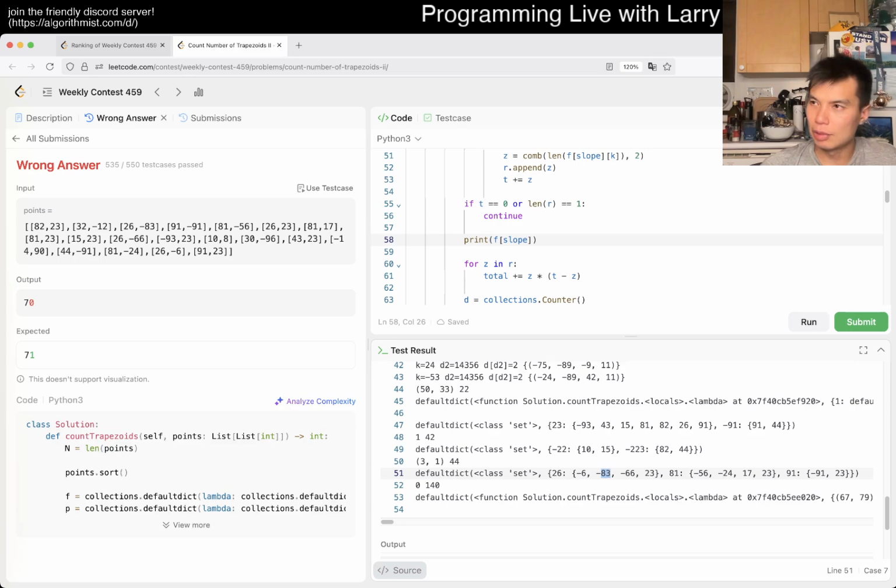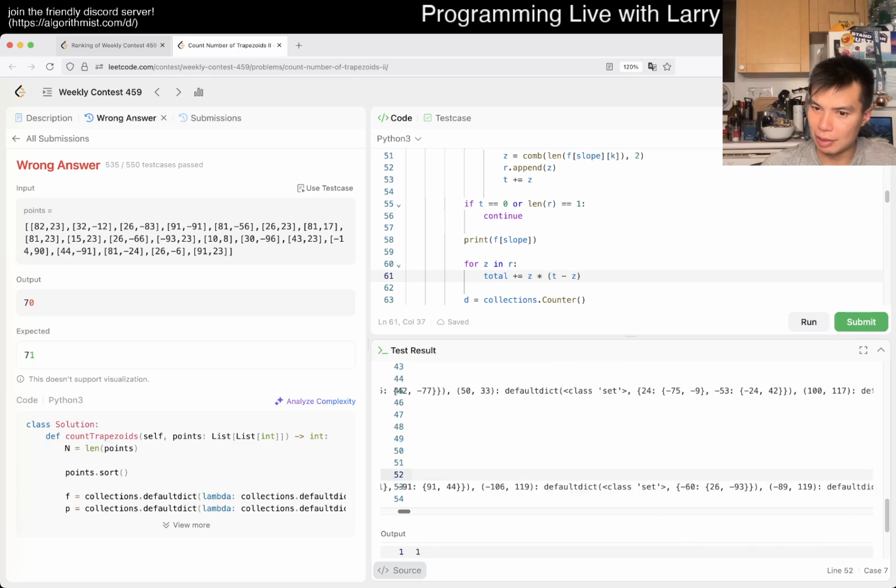No. 4 choose 2 is 6. 6 times 7 is 42. And then here is the same, so 42, 42. So 84, 84, this has 12. So 84 plus 12 is 96. So that's, yeah, 140. So the math is right.